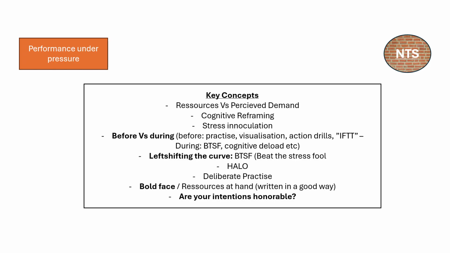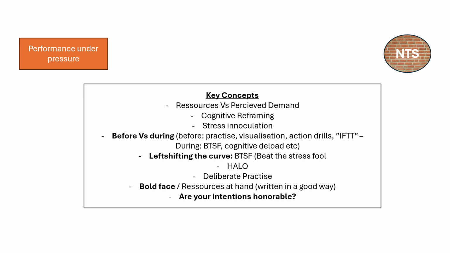If there's a mismatch so that the perceived demand is much higher than our resources, then we get stressed out, right? But if we find ourselves more capable, with more resources than the perceived demand, then it's okay. Then we don't get too stressed, right?